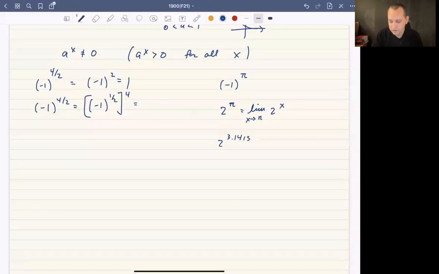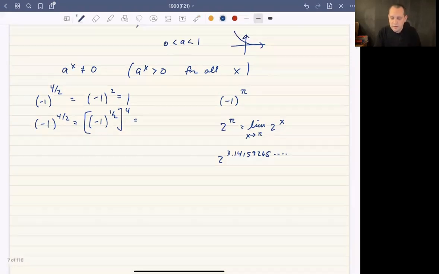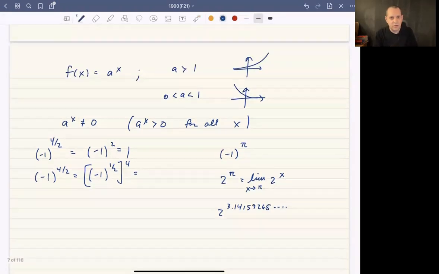The more digits you add to the exponent, the closer you get to 2 to the pi, and then you take the limit. That's hugely troublesome for a negative base, and that's going to be one of the issues that we come across there. So to deal with that, we're just ignoring completely negative values of a, negative bases for the exponential function.